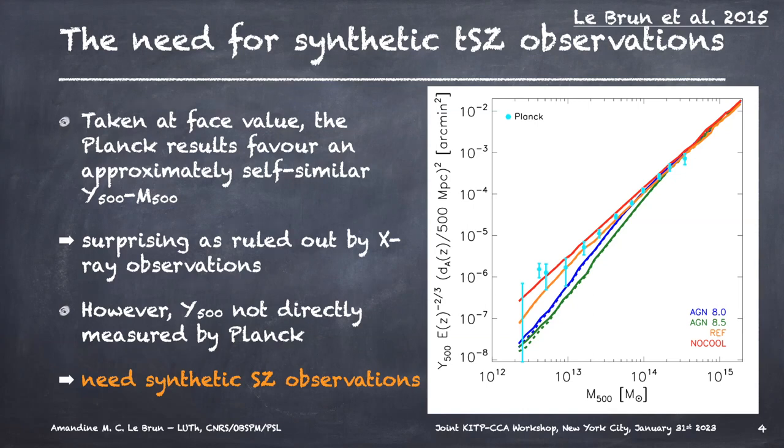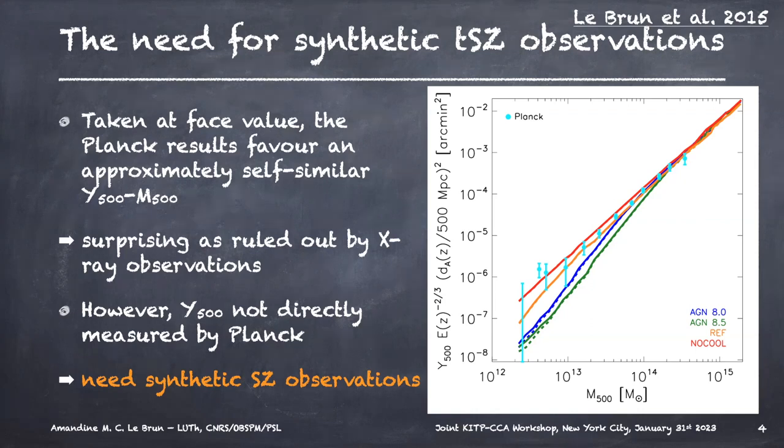So at the end of 2012, we were baffled by that Planck result that came out, displayed as a science point on the plot on the right, which seemed to show that the SZ flux as a function of halo mass is a self-similar scaling relation all the way from galaxies to clusters, or the other way around as you prefer. It's extremely surprising because that's been ruled out by X-ray observations for the past 30-plus years.